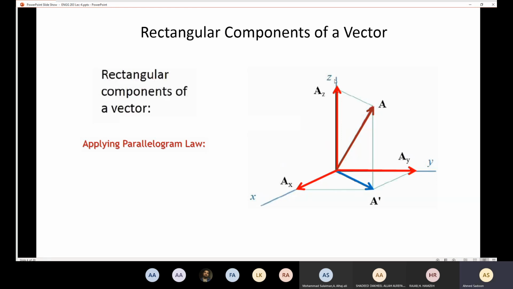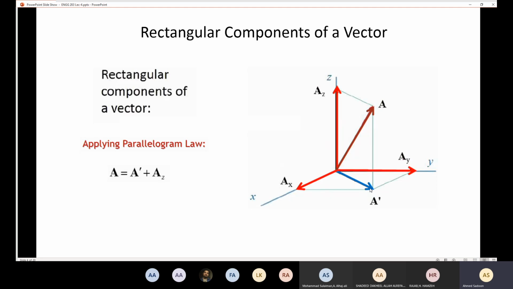Since I imagine this is a 2D plane, I'm going to use the parallelogram law. I'm going to draw a parallel line here and a parallel line there and connect them. Then the vector A prime plus AZ is going to give us the vector A. So A vector equals A prime vector plus AZ vector.